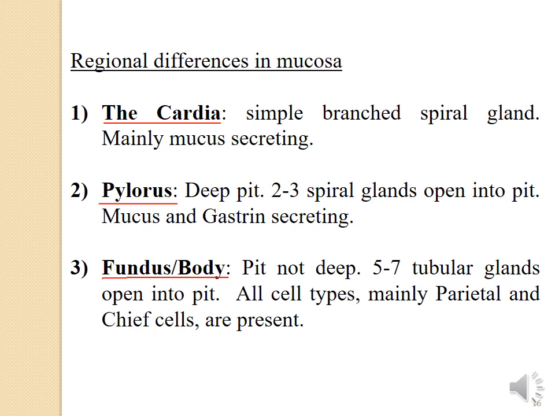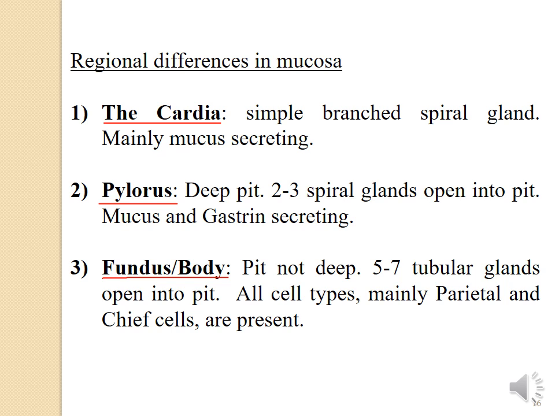Now, although the stomach is well protected against hydrochloric acid, the esophagus and the duodenum are not. So this is why in the cardia and the pylorus we have more mucus secreting, because as we have said, this mucus protects against the harmful effects of hydrochloric acid because it contains bicarbonate ions.